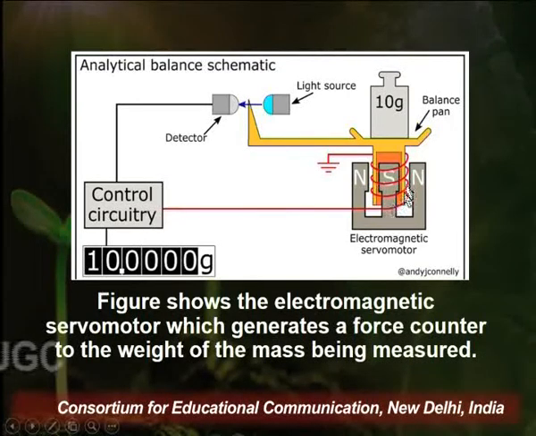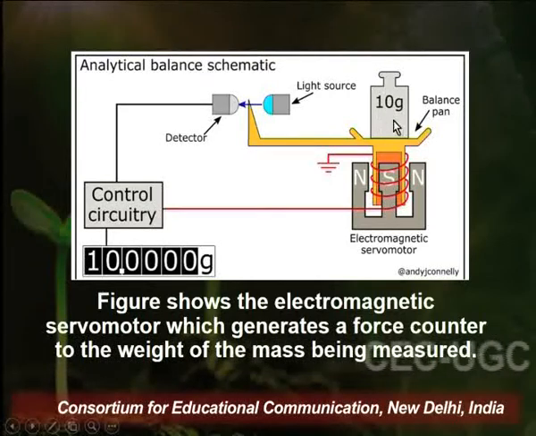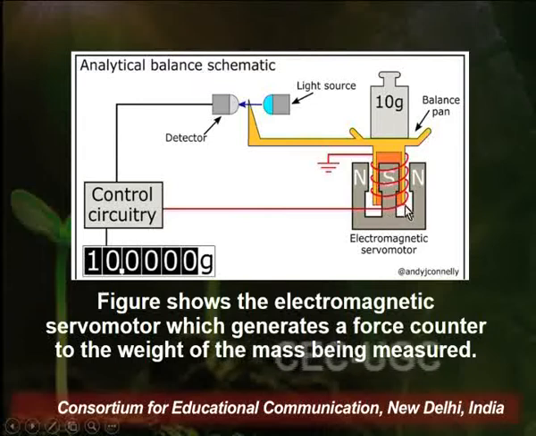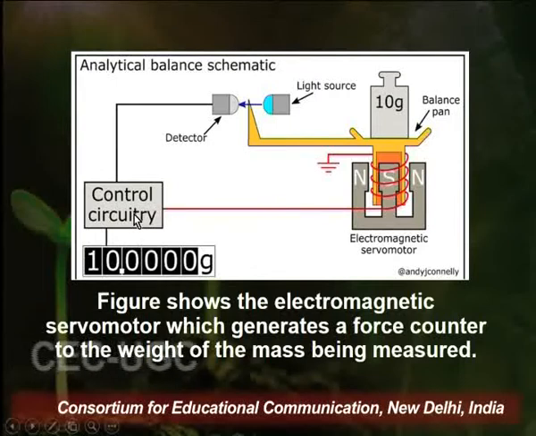So this is the electromagnetic servo motor. Any difference created by the mass or the weight of the material will be detected by this electromagnetic servo motor, and these electrical differences are converted into a display in terms of weight.